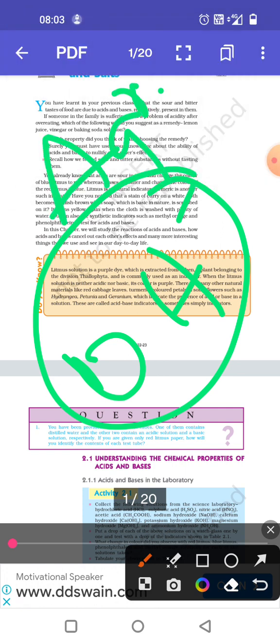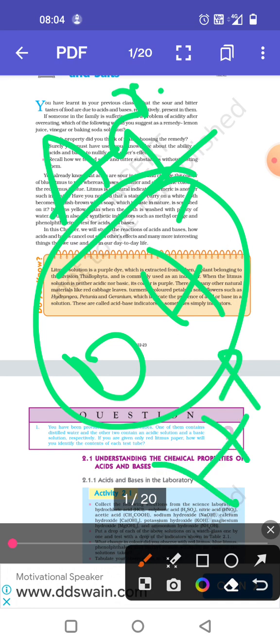Both the acid and the base are in aqueous solution, and that gives rise to H plus ions in case of acid, and OH minus ions in case of base.